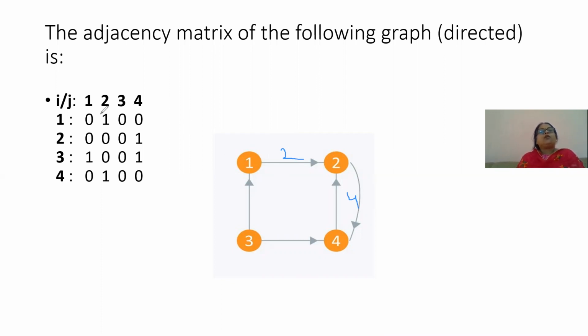So instead of 1, you have to write 2. 4 to 2, there is an edge. Instead of 1, you have to write 4. For a weighted graph, you have to put the weight of that edge. This is an example.